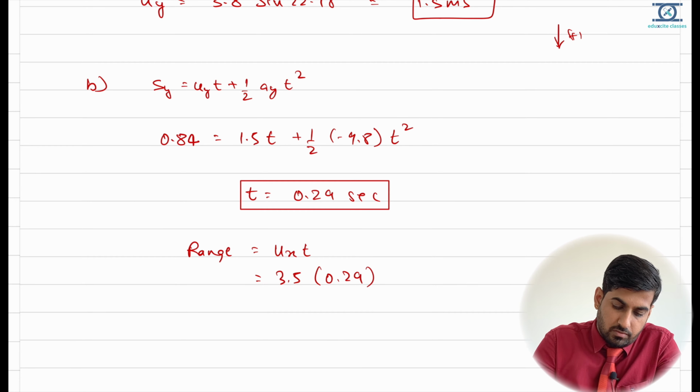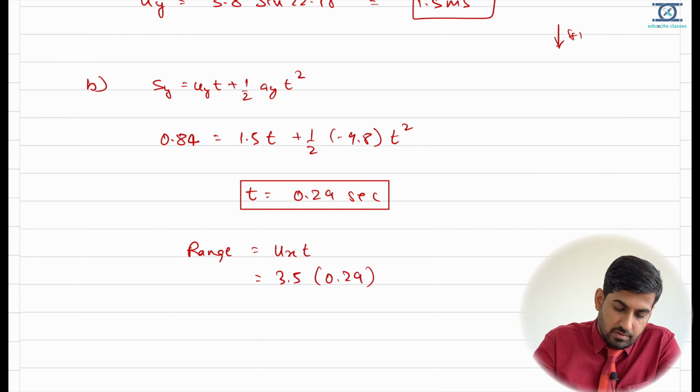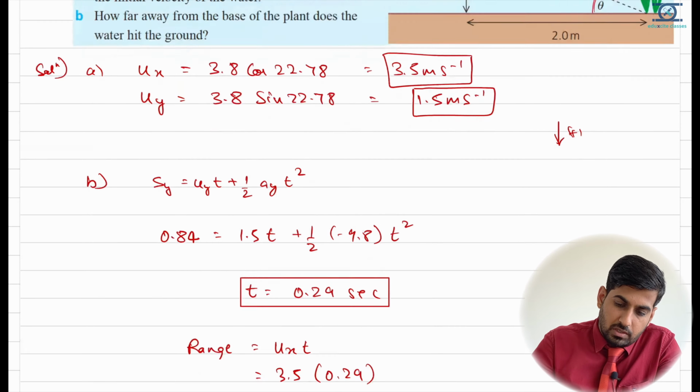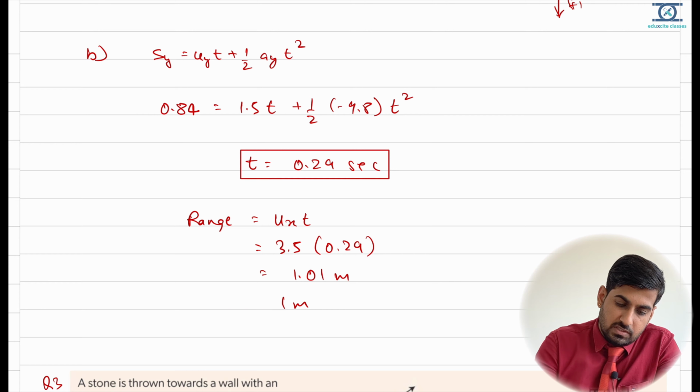So the range, or you can say how far from the base of the plant the water hits the ground, I can say it will be something around 1.01 meter or 1 meter. So the total distance is 2 meter. So it will hit in between the plant and where it was being projected. So it is the same whether you subtract it or not. So the answer will remain 1 meter.